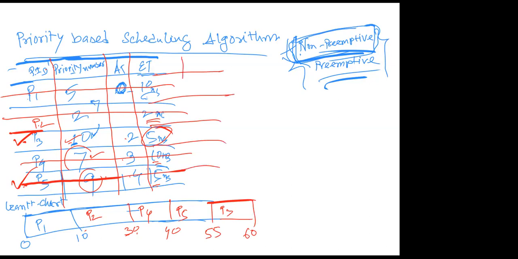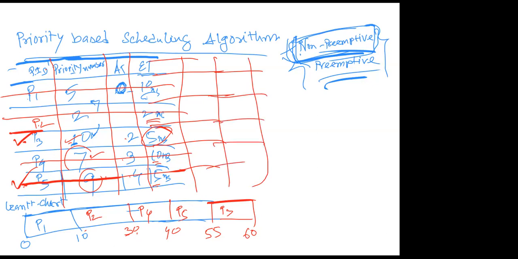You can compute the CT and TAT. These are two very important parameters to calculate, and they are very easy once you get the Gantt chart. Once you draw the Gantt chart, you can easily calculate the completion time.